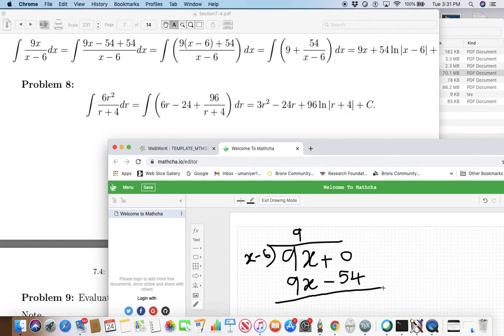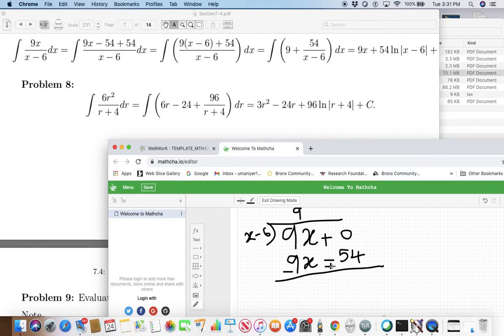What do we do in long division? We subtract the second line from the first line. Subtraction means change of signs. So these two cancel. I have 0 plus 54. So 54 is my remainder because x is degree 1.